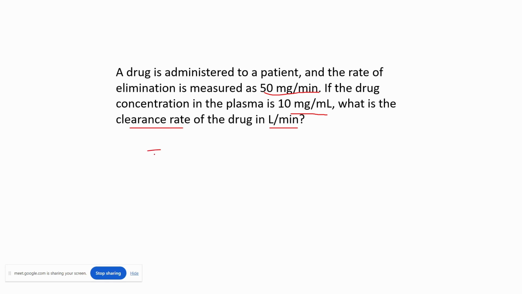So here it is asking for clearance rate of the drug. So the clearance rate is basically rate of elimination by plasma concentration. Rate of elimination given here is 50 and plasma concentration is 10.